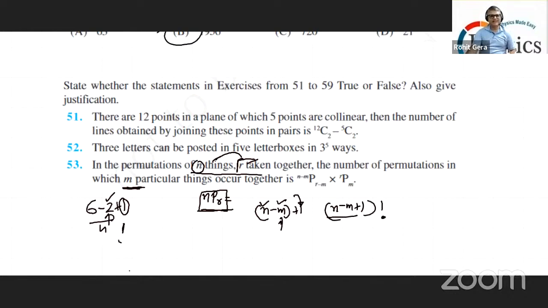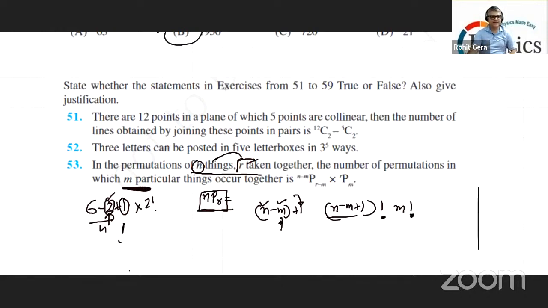And then within that, I have to arrange 2 together, which is 2 factorial, because I have selected 2. So if I have to keep M particular things together, this will be M factorial also.